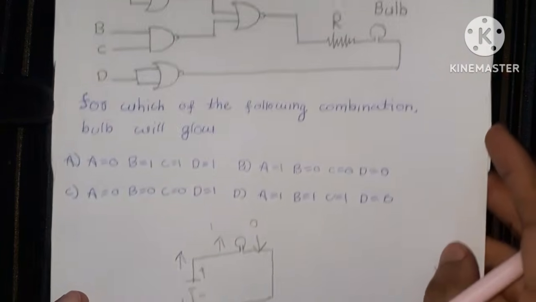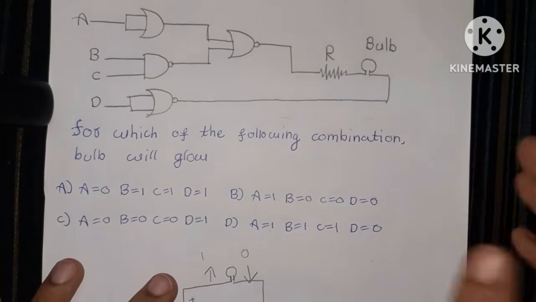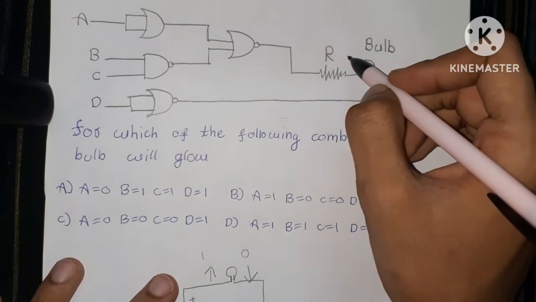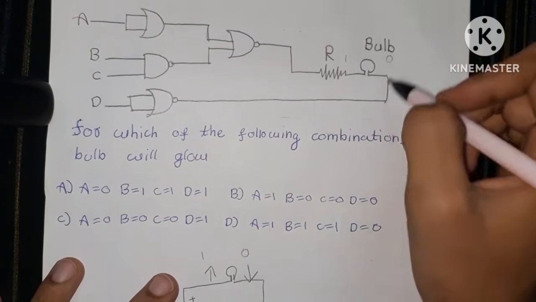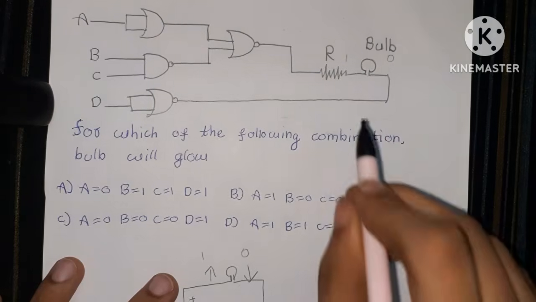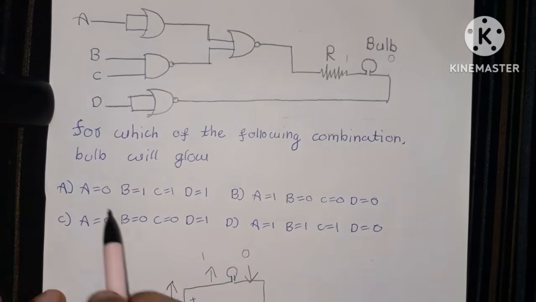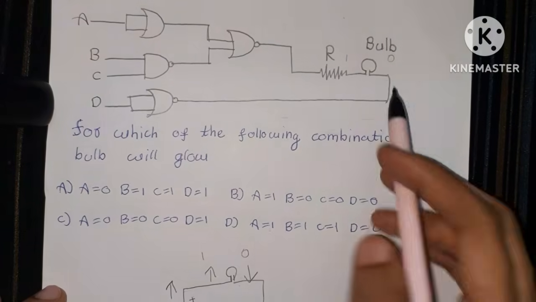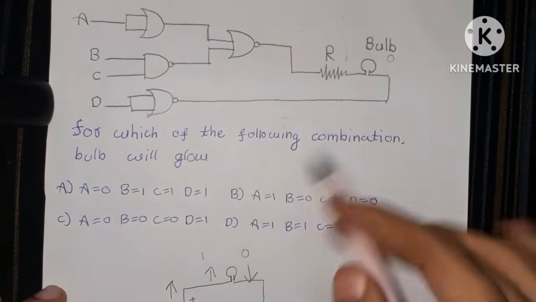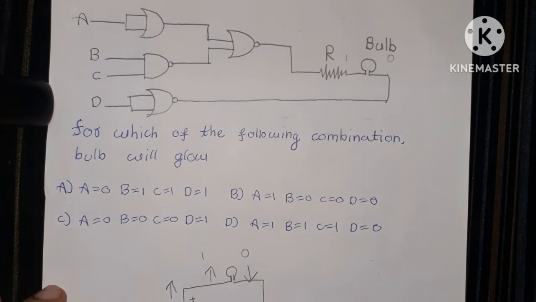It means you have to check that the bulb is getting 1 on one side and 0 on the other side. That is the condition that these 4 options should satisfy. Whichever option satisfies this specific condition, that option is correct.